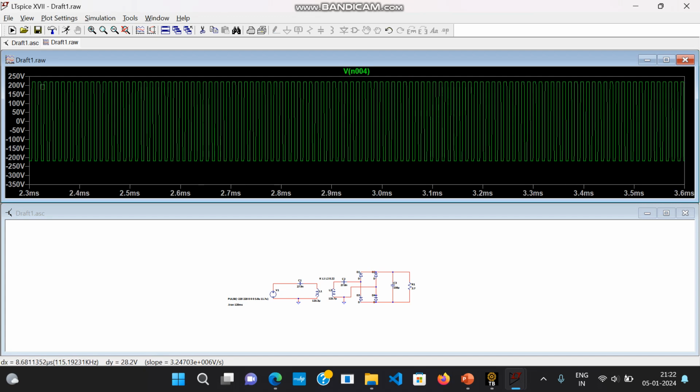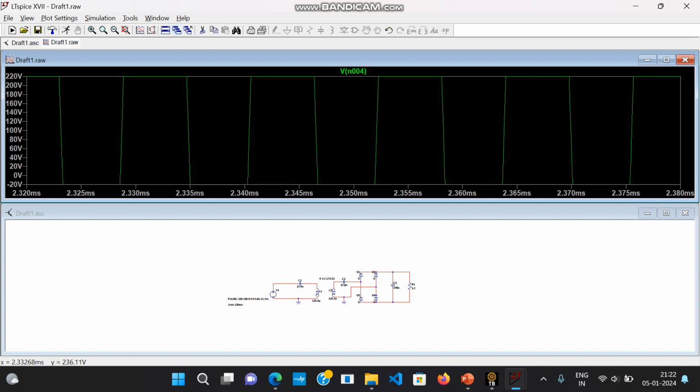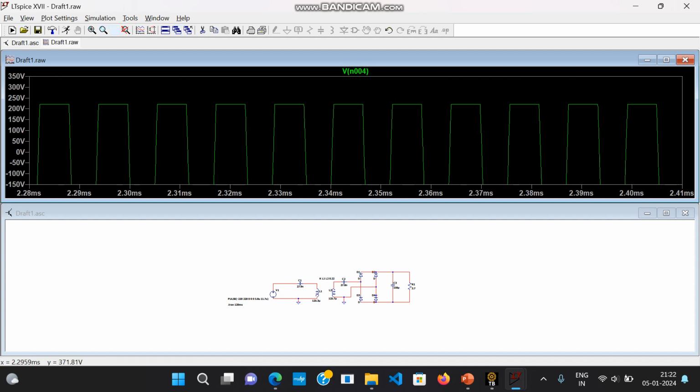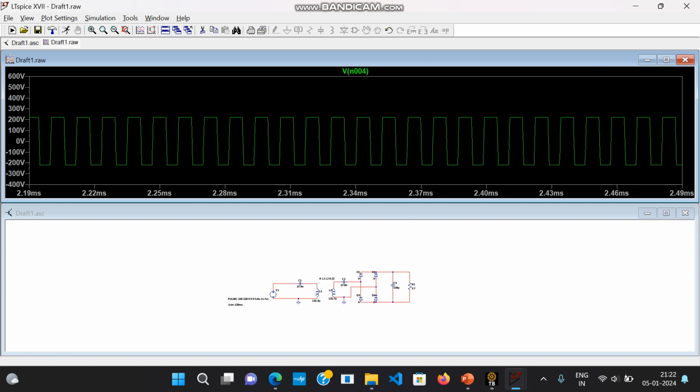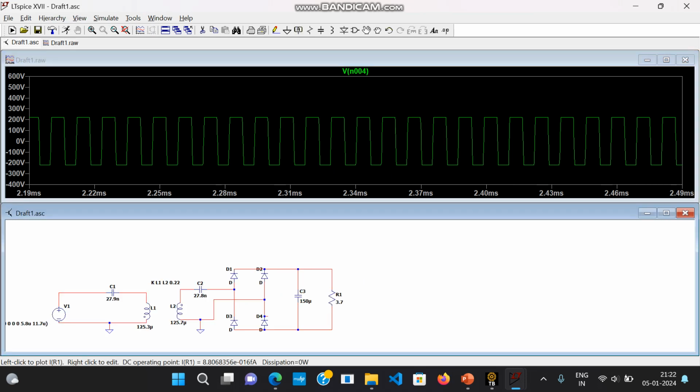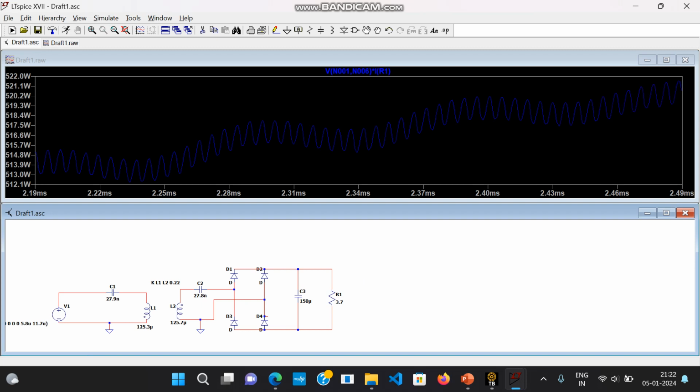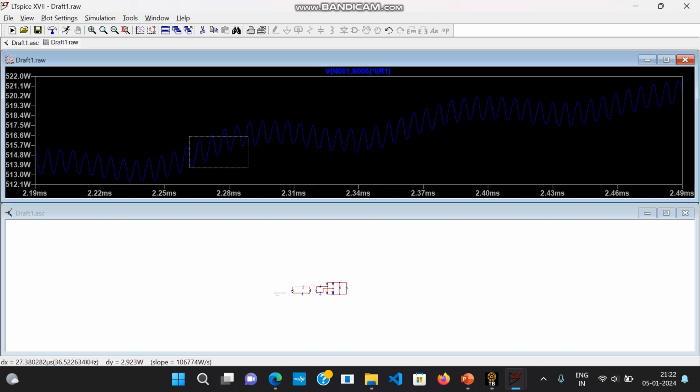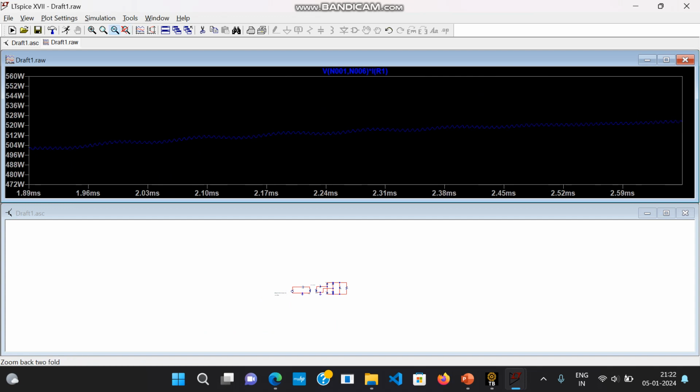This is the pulse, plus 220 volts to minus 220 volts. Now let's check the output.